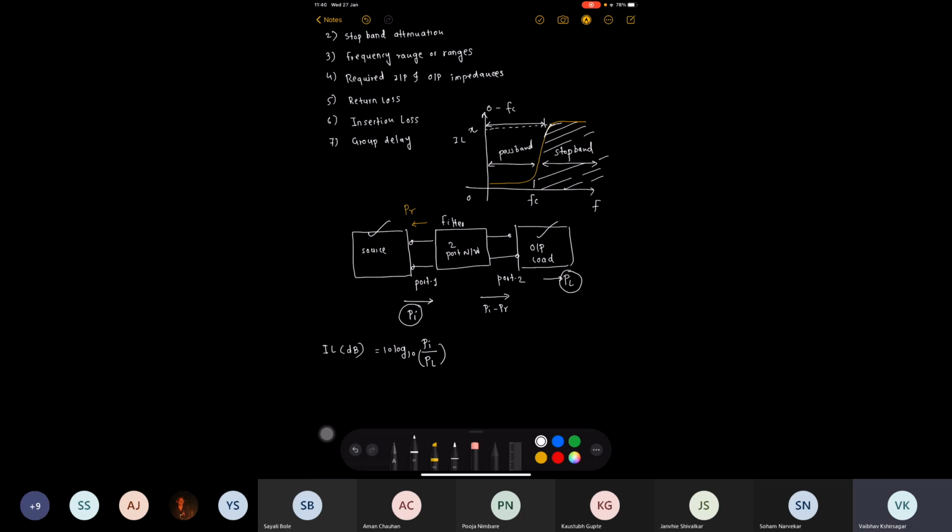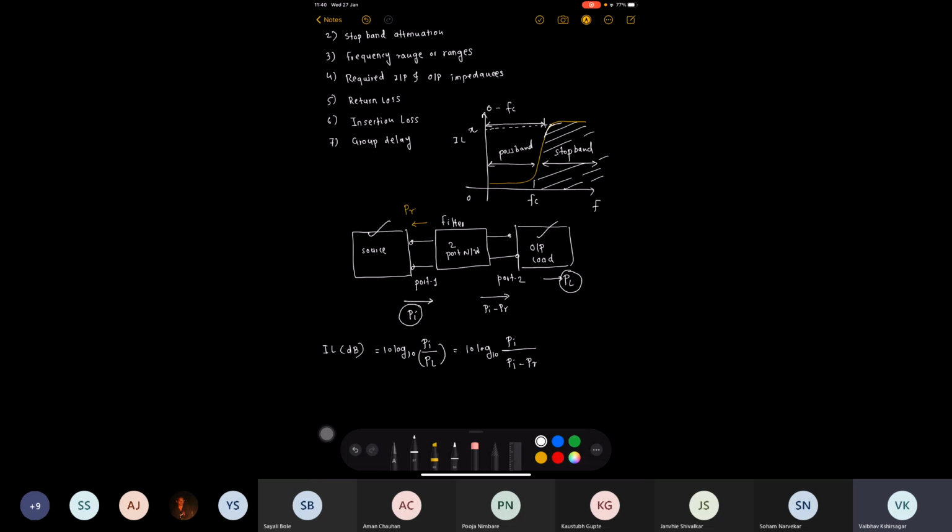How can the same be written in terms of reflected power? This can be written as 10 log to the base 10, input power Pi as it is, divided by PL. Now PL is nothing but Pi minus PR.